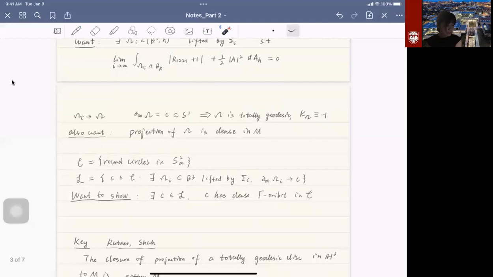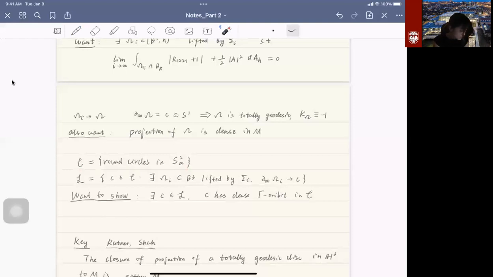Okay, and to show that, we need a little preparation. We introduce these notations. First, let the set C be the collection of all round circles in the boundary sphere.